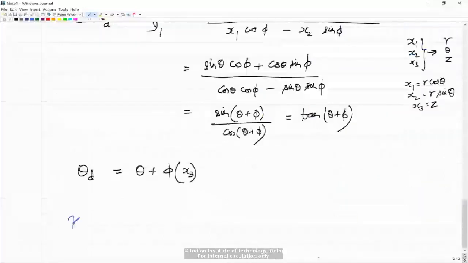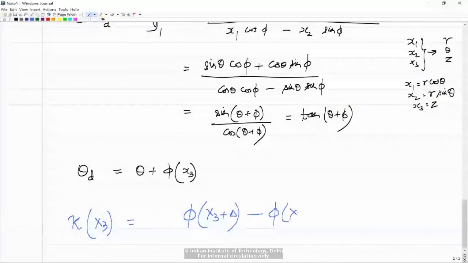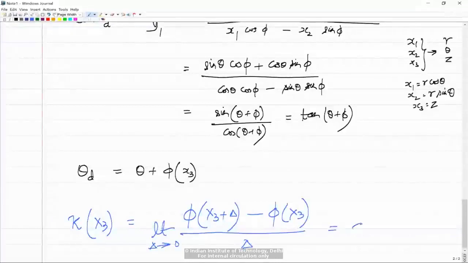So twist, if I denote it by kappa, the twist at x3 will be phi of x3 plus delta minus phi of x3, divided by delta, and then you take the limit delta going to 0. This will give you the local value of twist, which is simply phi prime of x3.